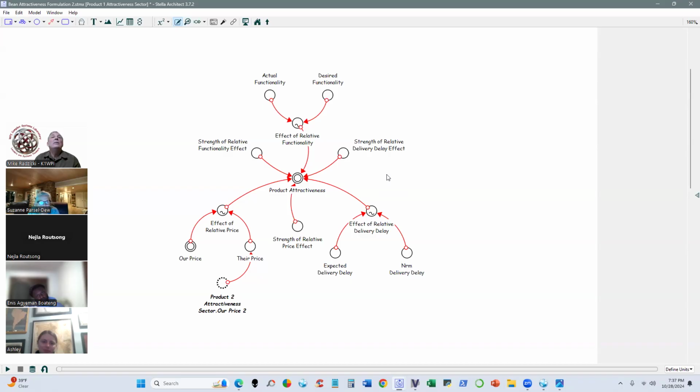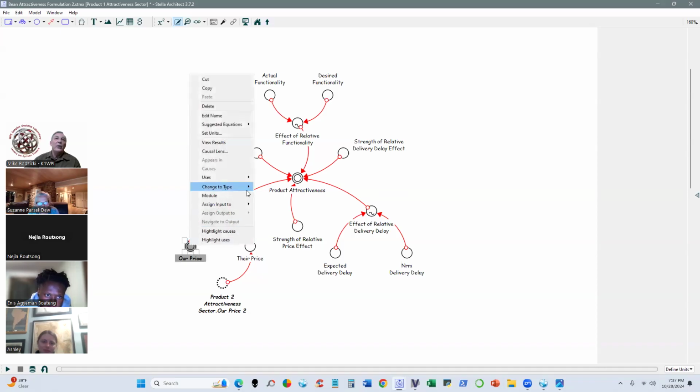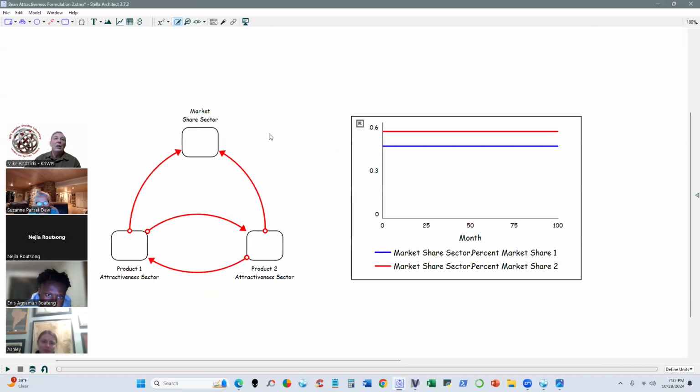Yeah. What is the function of the little double circle in our price and price product attractiveness? So as you can see, if you right click here and say module provides output. So it's a stock, another way of representing a stock? No, it's outputting to another sector. Oh, gotcha. Okay.